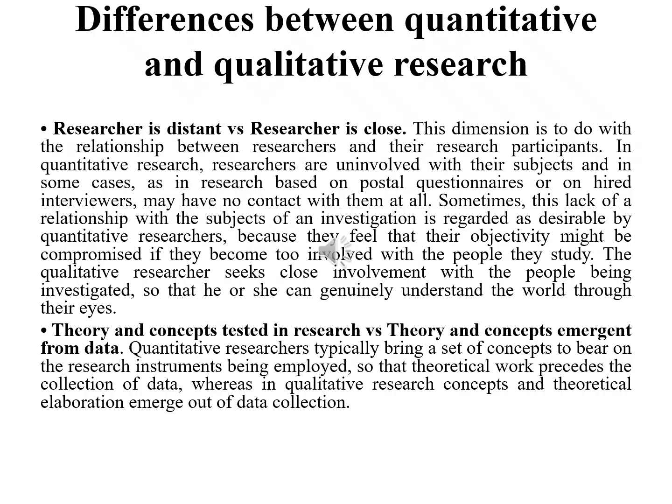Then we have theory and concept: tested versus emergent. In quantitative research, the researcher usually starts with an existing theory or concept which is available and then collects data to test it. For example, a researcher has a theory that more study time leads to better exam results. This is a theory. So they collect numerical data to test whether this idea is correct or not, that is, whether students who spend more time on study get better exam results.